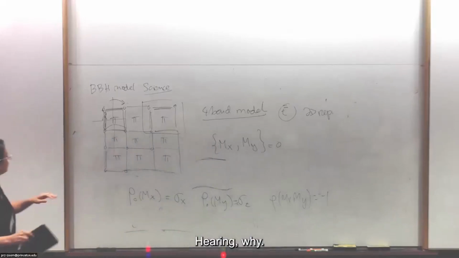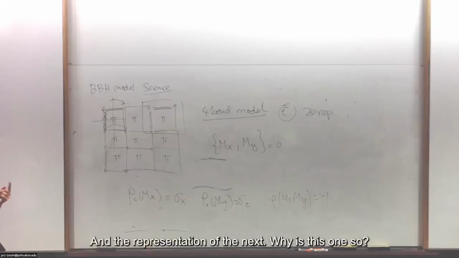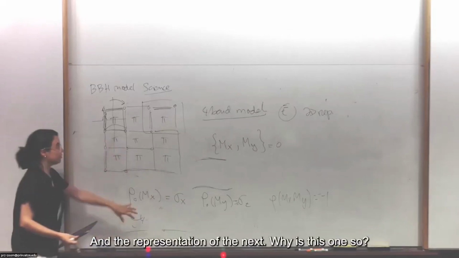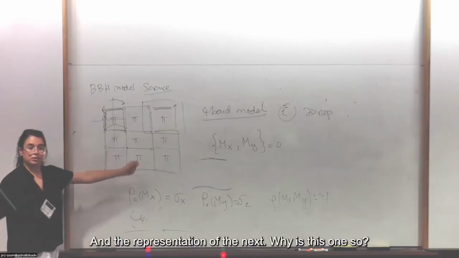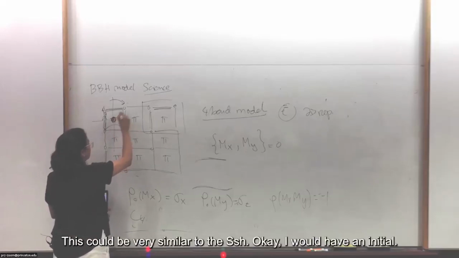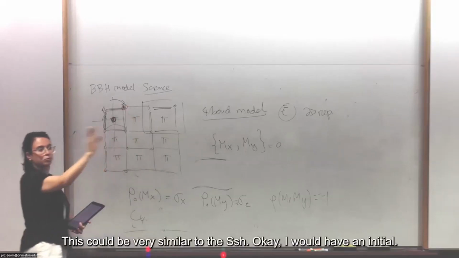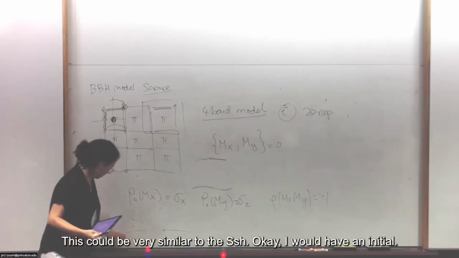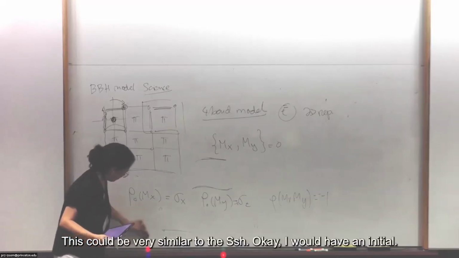So this could be very similar to the SSH chain if I had an additional symmetry, and that would be C4. If I have C4, I would be forced to pin those two states right on top of each other, and I could choose them to be either on the center of the unit cell or the edge of the unit cell, and we could do the exact same story. But this was not there, and that's why it kept me awake at night.